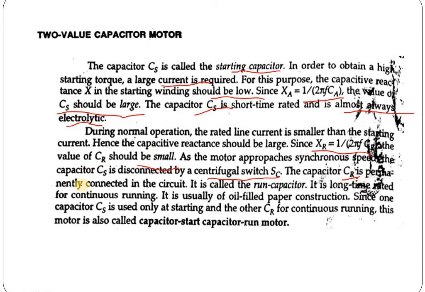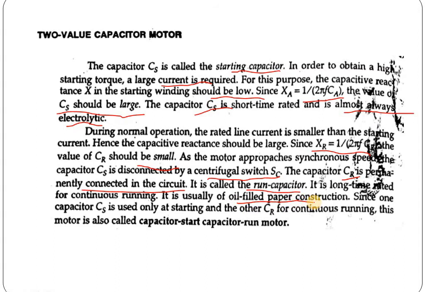Here the capacitor CR is connected in the circuit and it is known as the run capacitor. It is long time rated for continuous running, and so it is generally an oil-filled paper type capacitor.